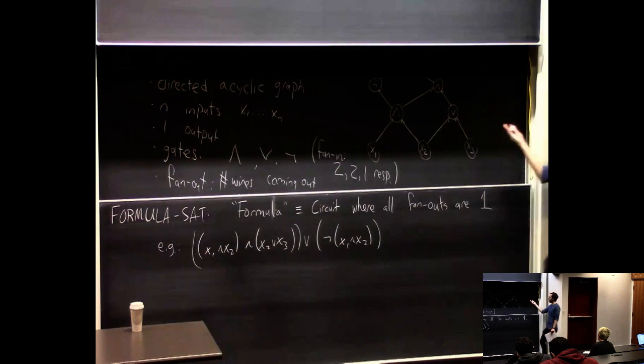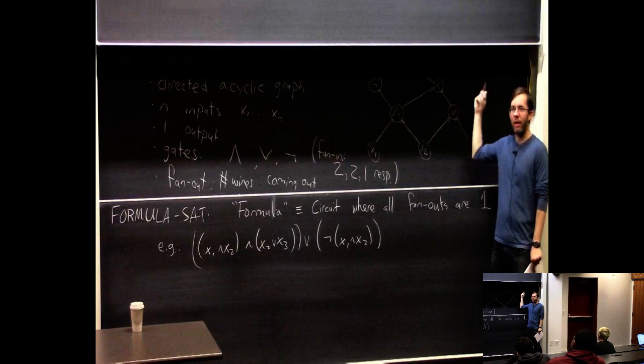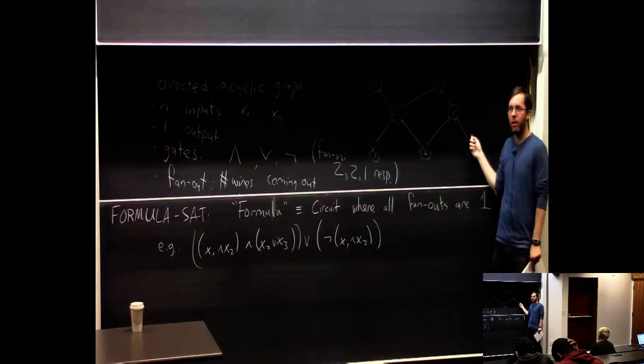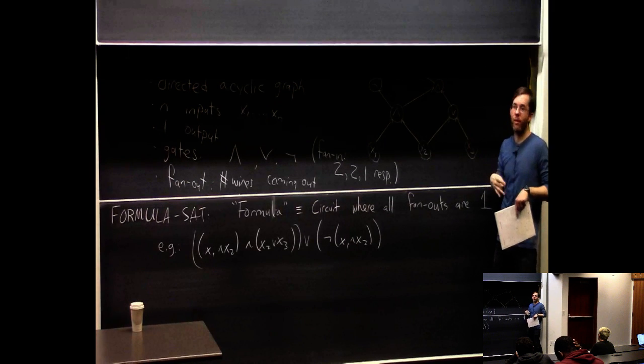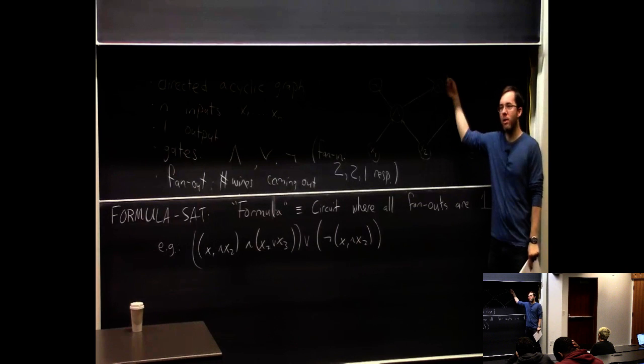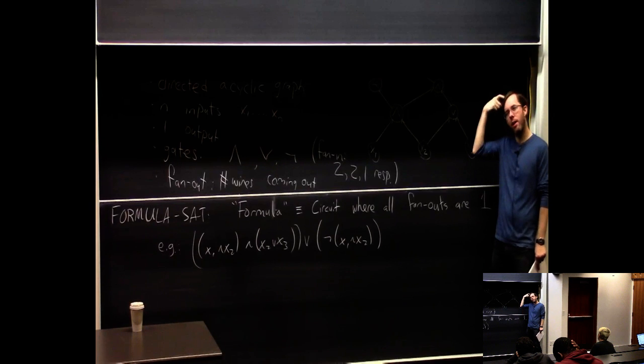Because if you work from the bottom up, the bottommost gates, even if they have fan out m or n, you have to replace them with m or n copies. So that's blown up your circuit by a factor of m, maybe the first gate. And even if every subsequent gate blows up your formula by a factor of m, there's only m gates, so you do it at most m times. Oh, but that's bad. That's m to the m.